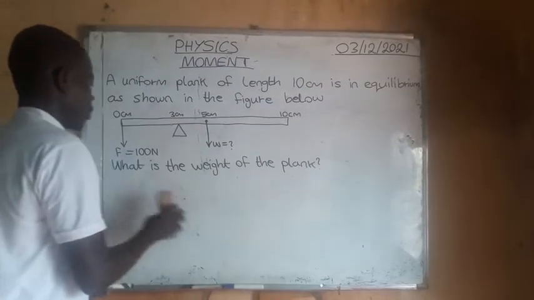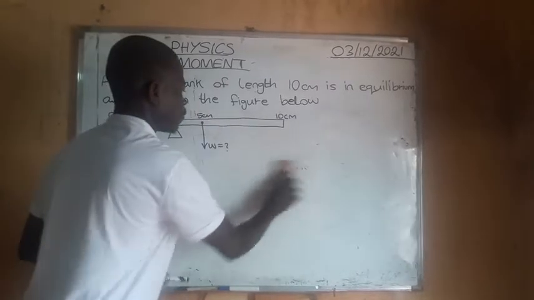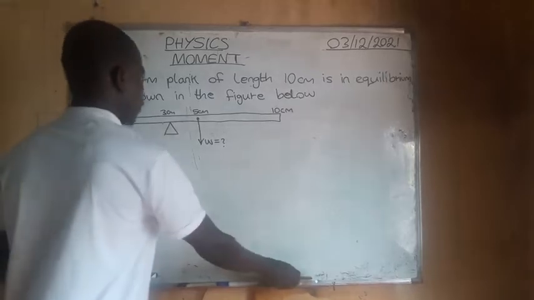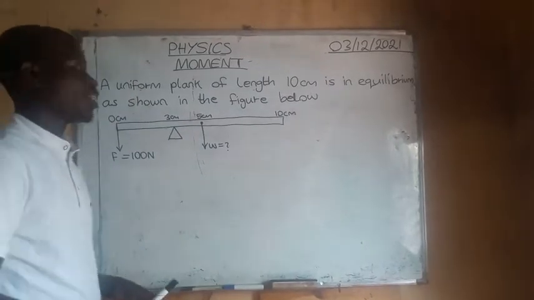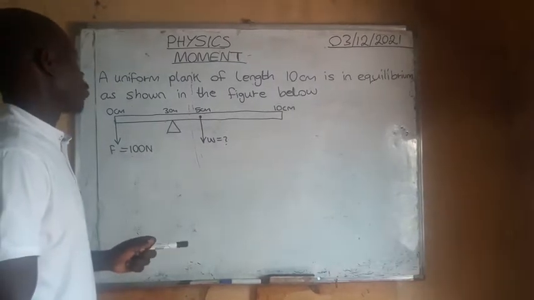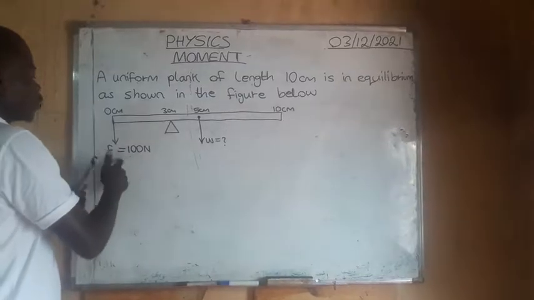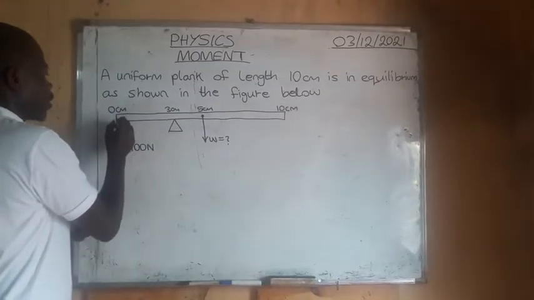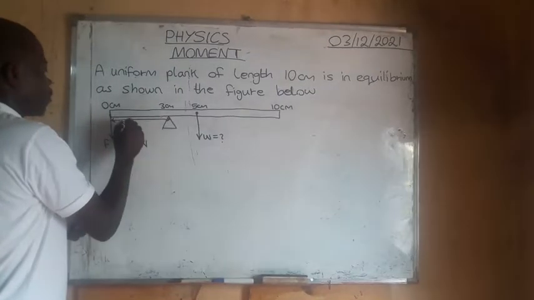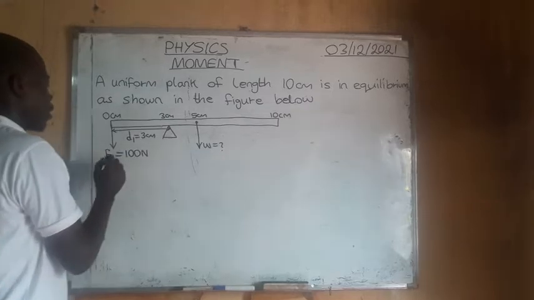Let me just create space. Now, upon identifying the center of gravity, we have to label the distance to both sides. So the distance from 100 newtons to the pivot is going to be G1, which is 3 centimeters.